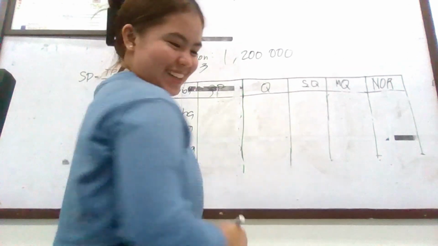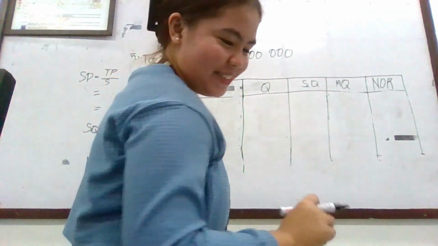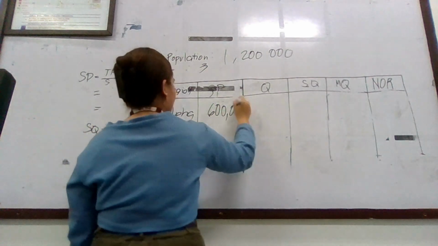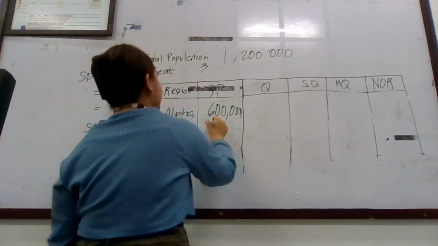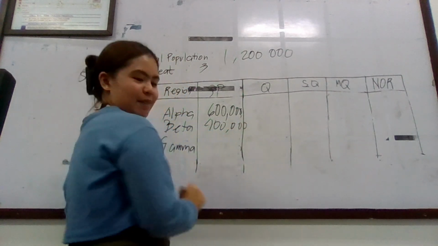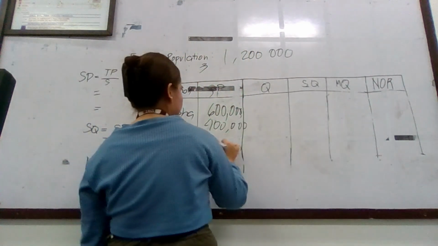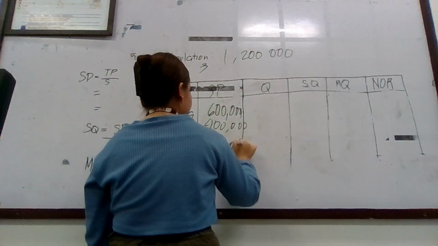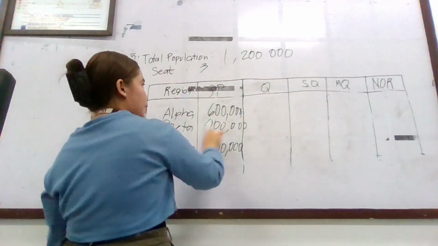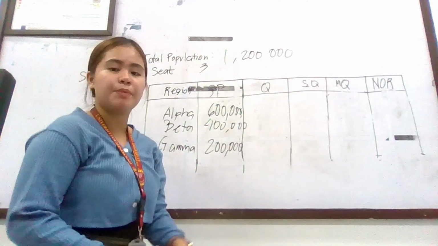So for each district, we have 600,000 population for Alpha, for Beta we have 400,000, for Gamma we have 200,000. So when we sum up everything, this will have 1,200,000 people.